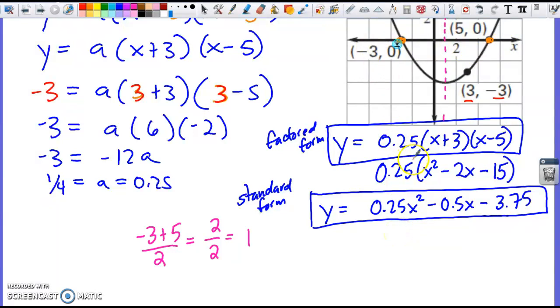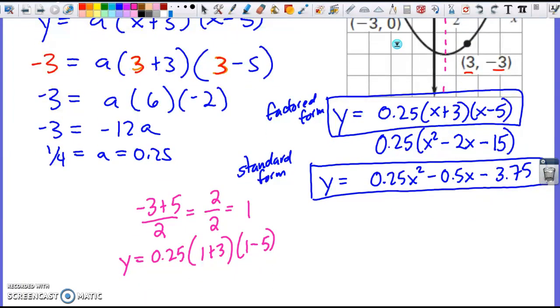To find out what the vertex actually is, I have to plug it in. So y equals 0.25 times (1 plus 3)(1 minus 5). I think this is actually going to work out pretty nice: 0.25 times 4 times -4. That makes 1/4 of -16, which is -4.